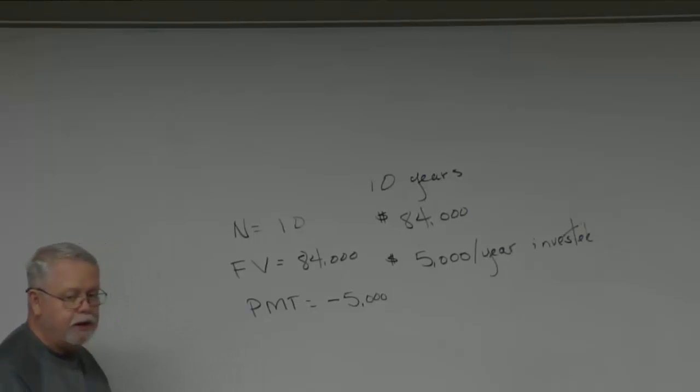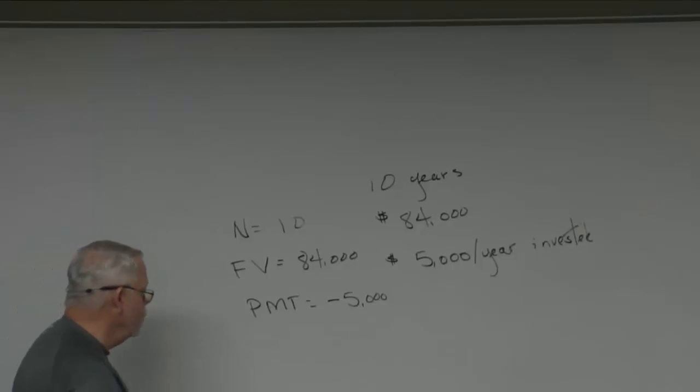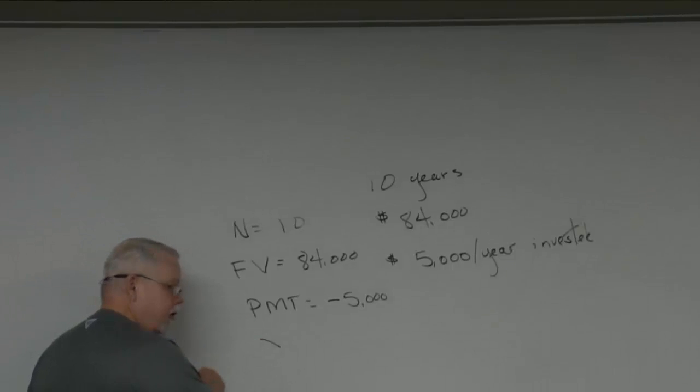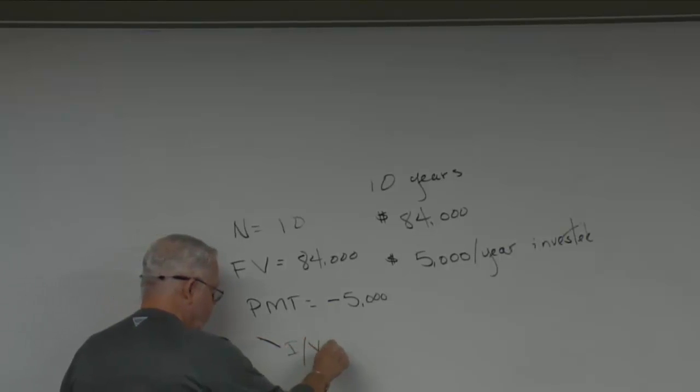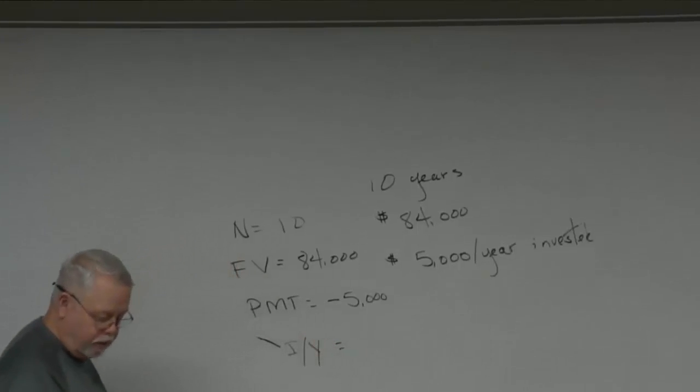So what am I calculating? Interest rate. This is my sign for do the calculation, with an apostrophe. Calculate the IY. What is my interest rate? What has it got to be?